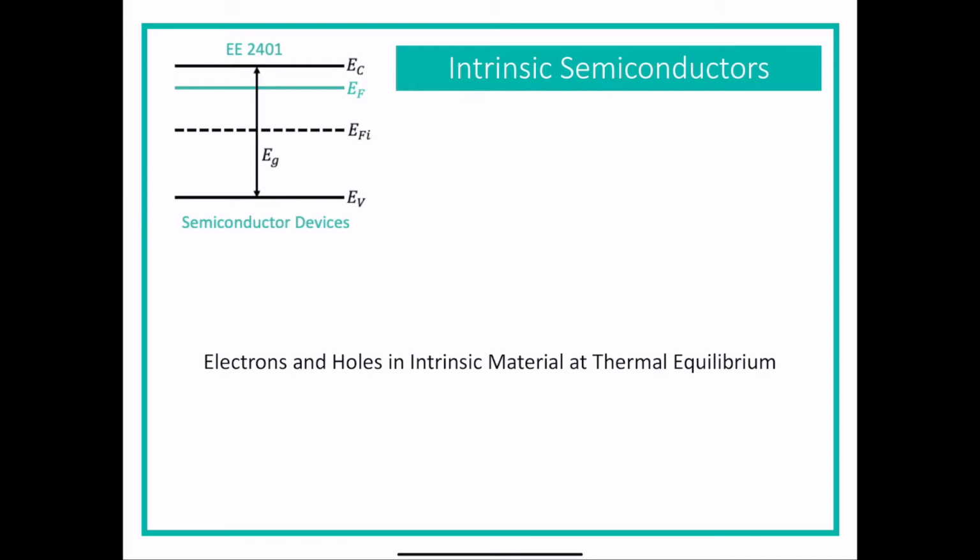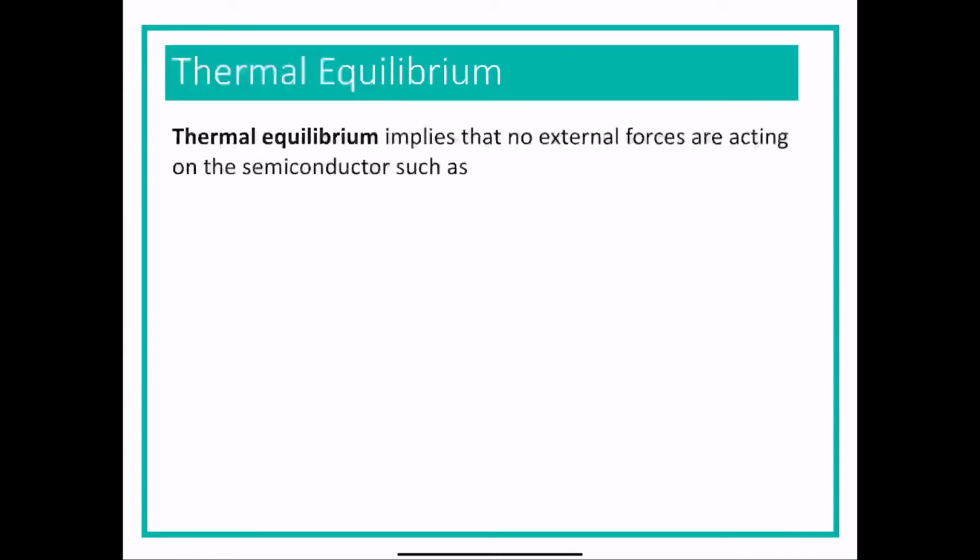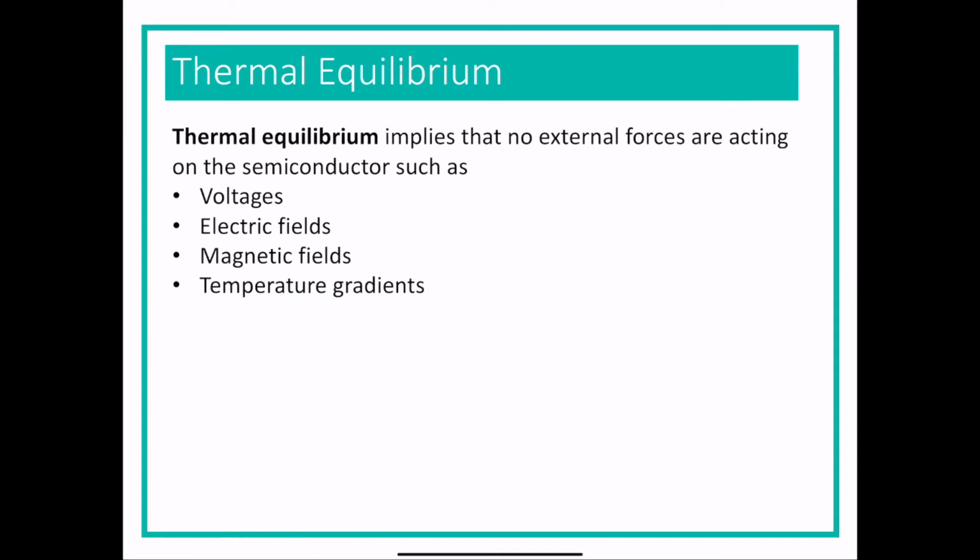First of all, we need to talk for a minute about thermal equilibrium. Thermal equilibrium is just the state of something that has no forces acting on it. So there's no voltages, electric fields, magnetic fields, no temperature gradients, no applied force, nothing like that.